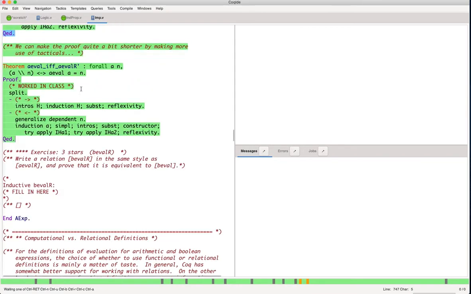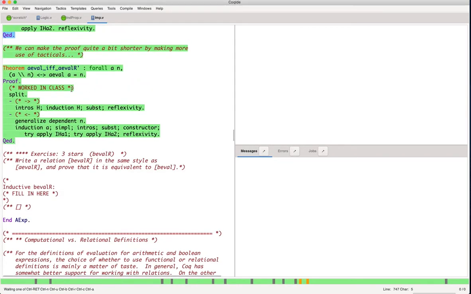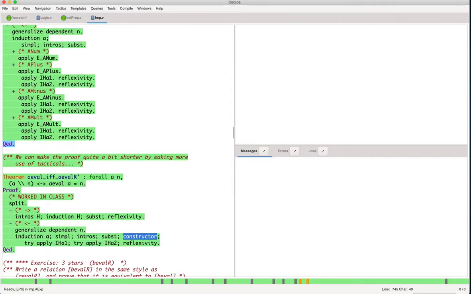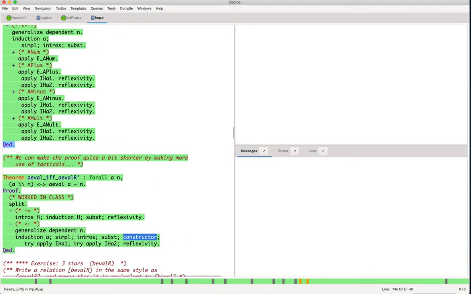Okay, so that's a really good example of how the tacticals and things like subst and constructor and so on can really make a proof much smaller. Usually though, it's easier to come up with at least a good chunk of the original proof first before you realize that this sort of thing can happen, because it might not be obvious that these 3 cases are all going to be very similar when you're doing it for the first time.